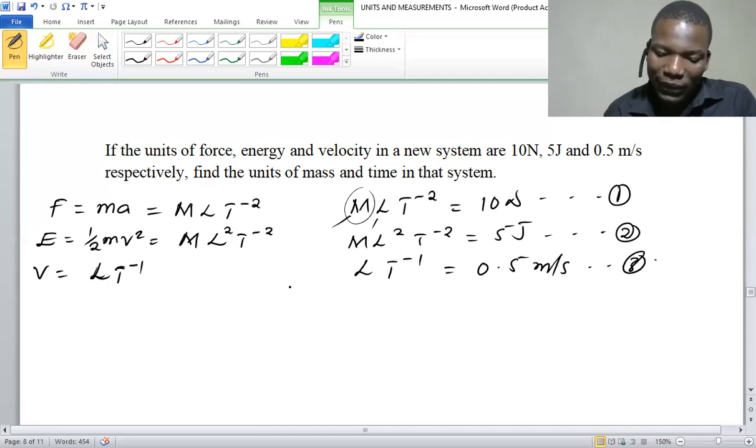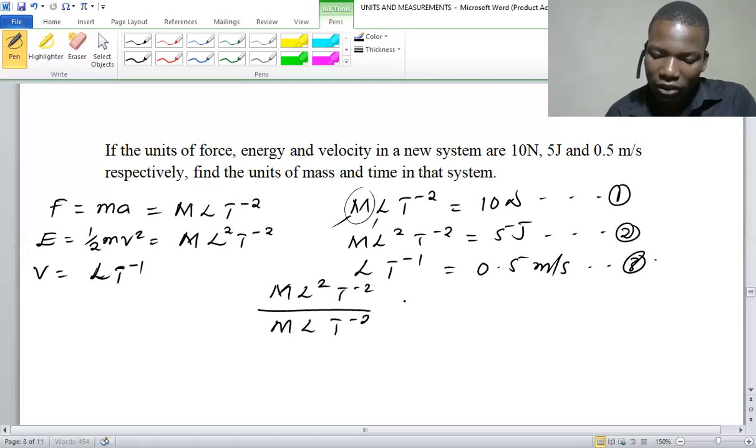Okay, so now we can divide equation 2 by equation 1. Dividing equation 2 by equation 1, we have M L^2 T^-2 over M L T^-2 being equal to 5 joules over 10 Newton.